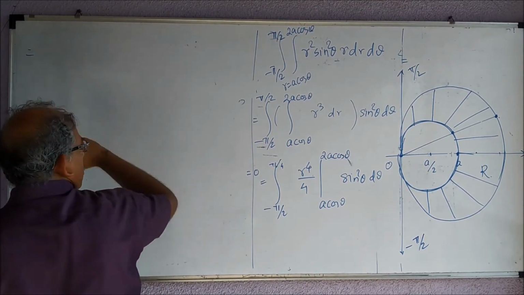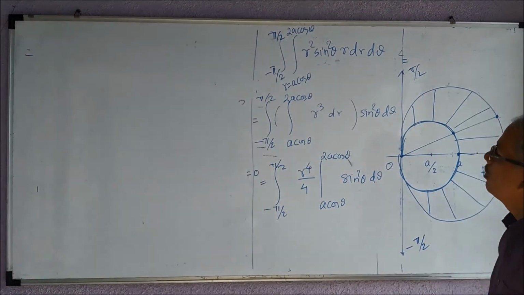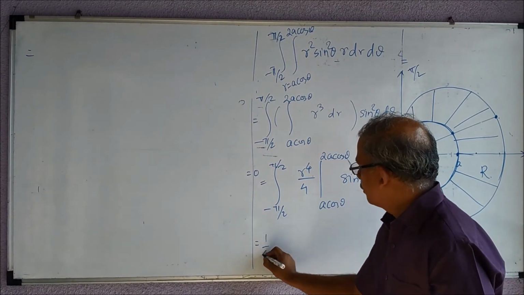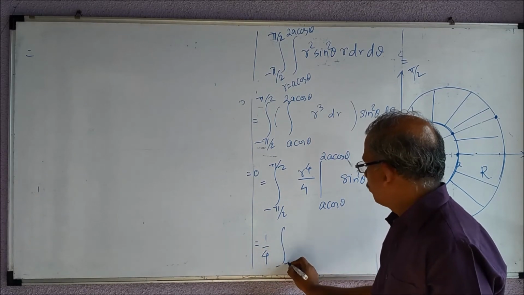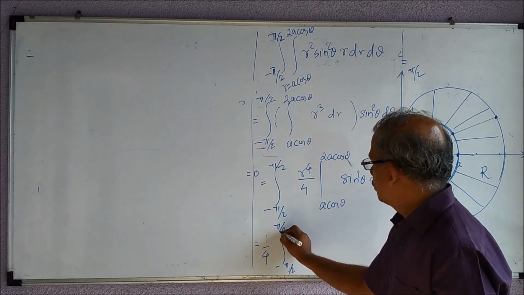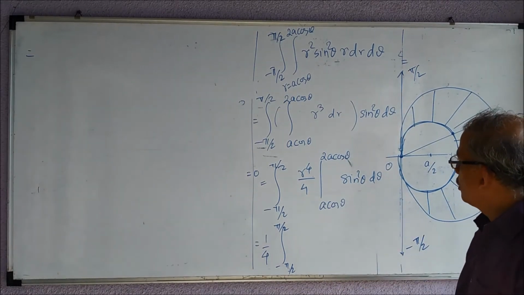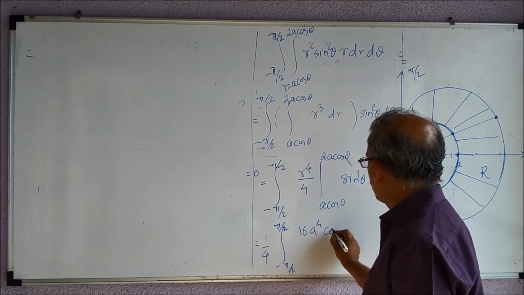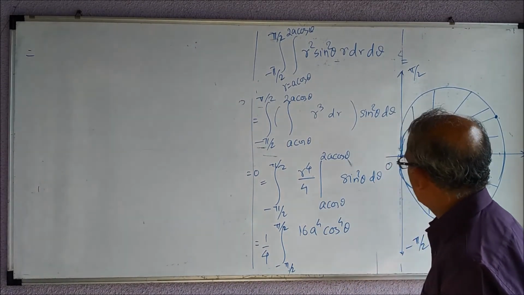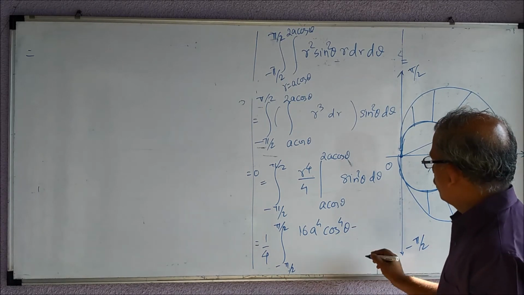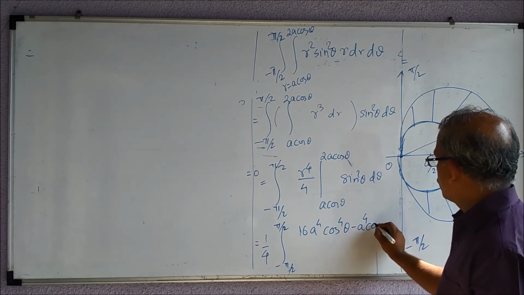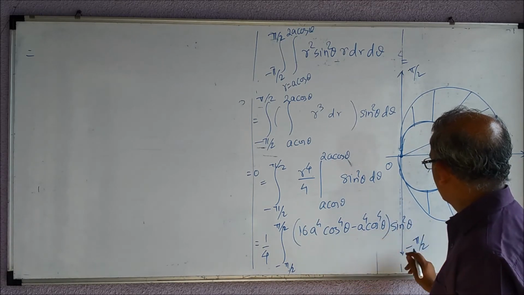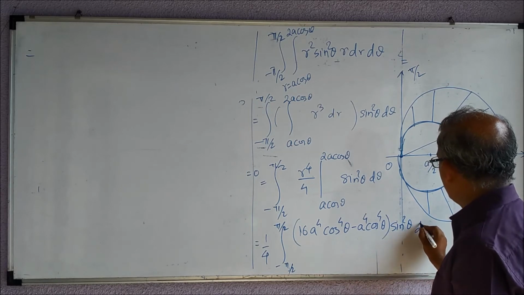So this is further equal to, now this 1 by 4 I'll take outside, minus pi by 2 to plus pi by 2. Now if I put it here, 2 raised to 4 is 16, a raised to 4 cos raised to 4 theta, minus a raised to 4 cos raised to 4 theta, into sine square theta d theta.